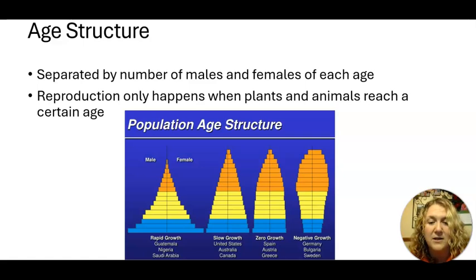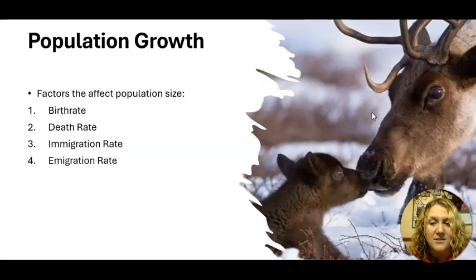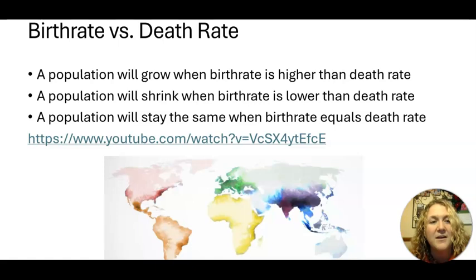Okay, so that is what accounts for negative growth, just like how we were talking about the growth rate on the other slide. So we were talking about population growth, and there are 4 factors that affect the population size. Birth rate is one, death rate is the second one, third one is immigration rate, and the fourth one is emigration rate.